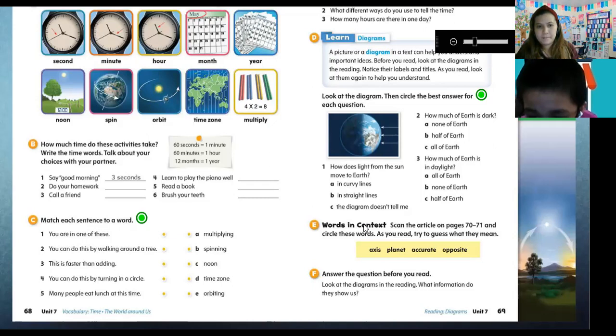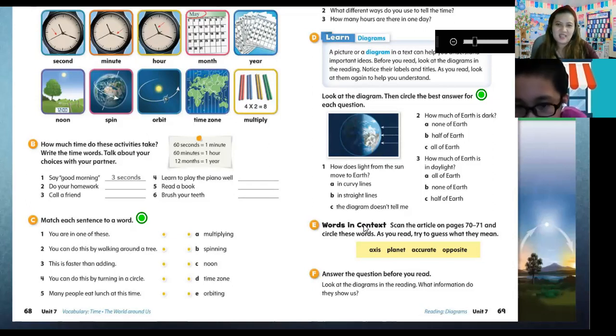The Venus and Mercury and... accurate is... but it's straight. It's not curved, not curvy like a time zone.